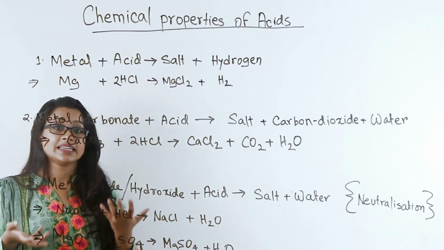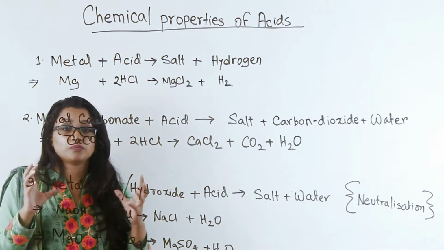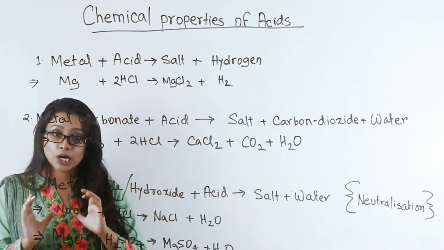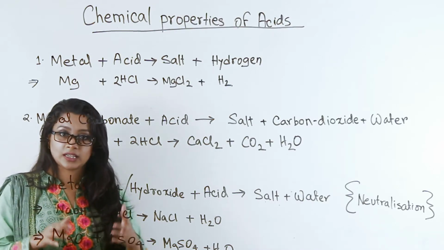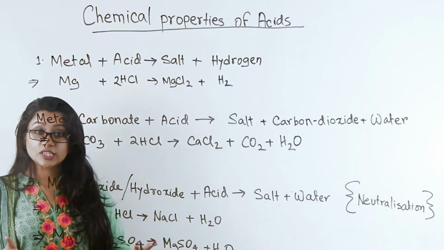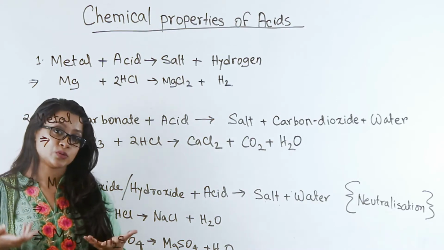So, salt is any chemical compound that has a metal part and a non-metal part from an acid, combined together to form a compound which we know as salt.